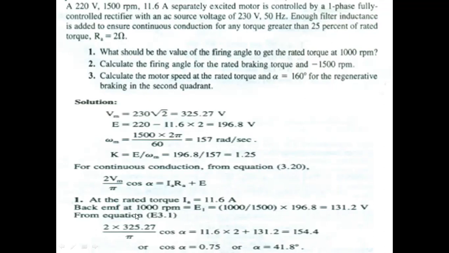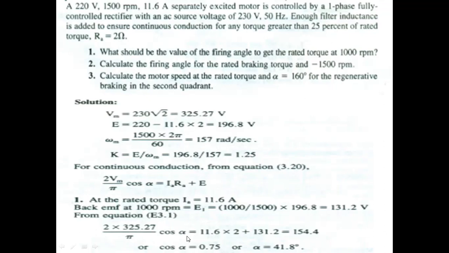Right? So I am substituting all the known values into this equation: 2 Vm by pi cos alpha is equal to IaRa plus E. After substituting, 2 into 325.27 divided by pi, into cos alpha. I have to find the alpha value here.